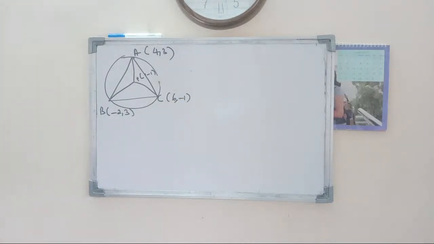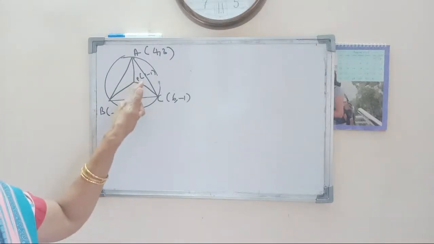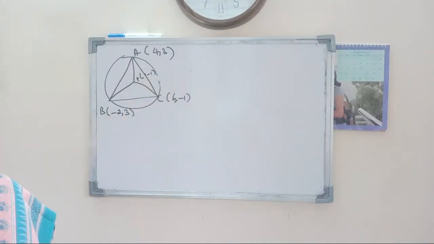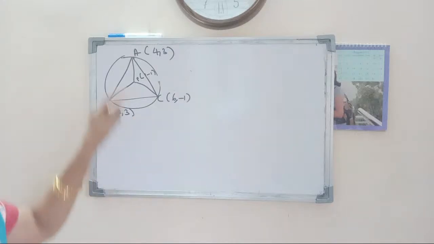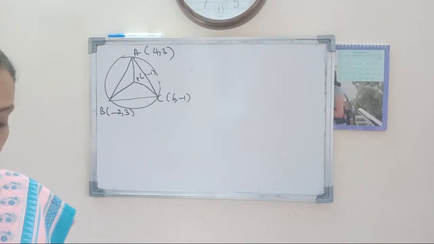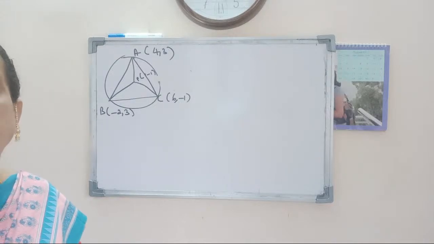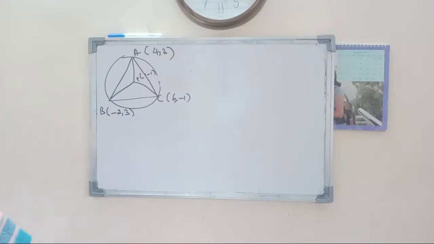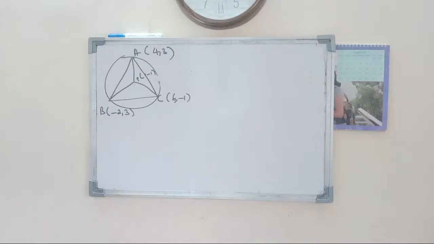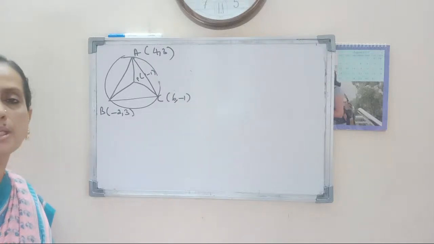I will read out the question once again. Show that point P (1, minus 1) is the center of the circle circumscribing the triangle whose angular points are given. So how to verify? What is the condition required to show point P is the center of the circle?